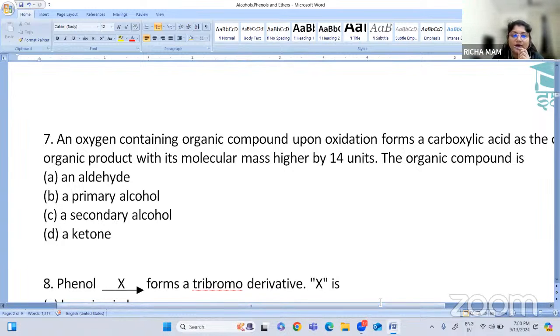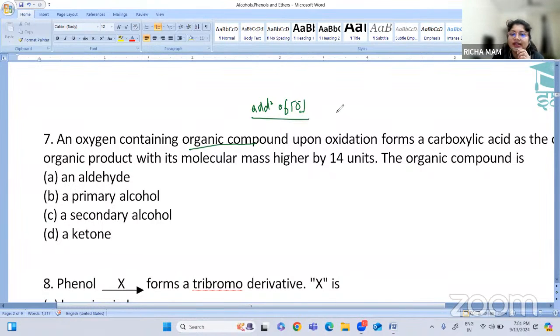The organic compound is an aldehyde, a primary alcohol, a secondary alcohol, or a ketone. So there is an organic compound containing oxygen, and when you do oxidation, what is oxidation? Addition of oxygen is called oxidation.